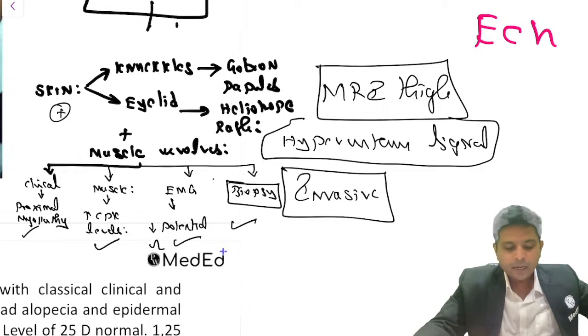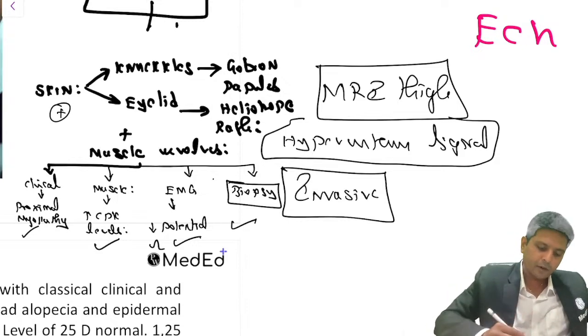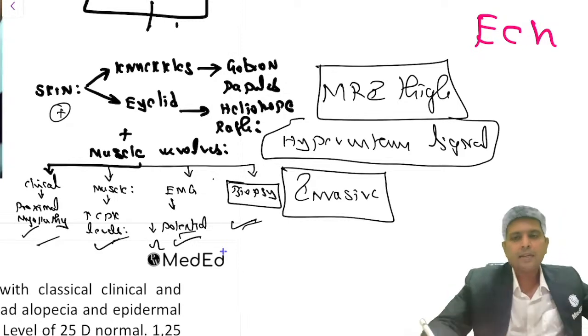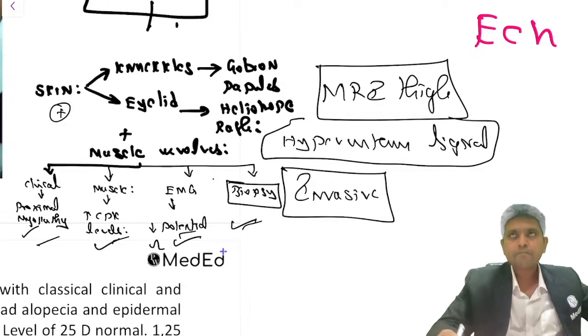Clinical and muscle biopsy are okay, but they are less specific, and biopsy is invasive. EMG is a procedure you need to do. The entire spectrum of these things is getting replaced by MRI thigh.